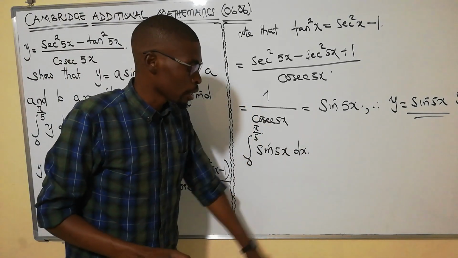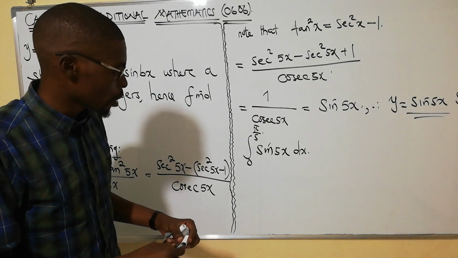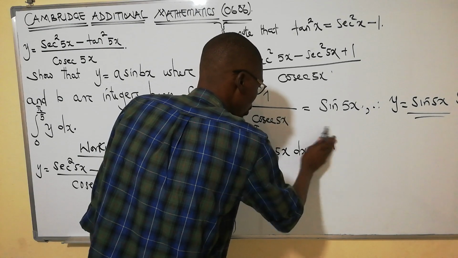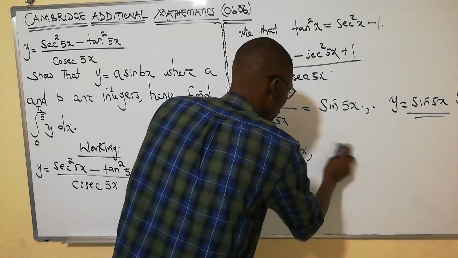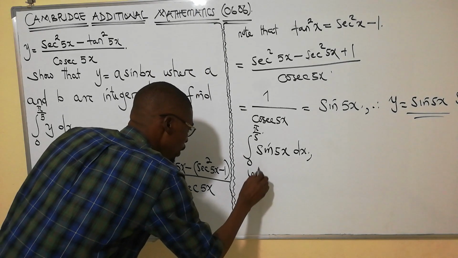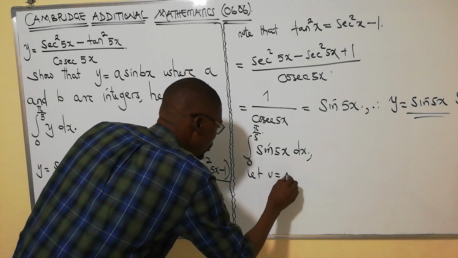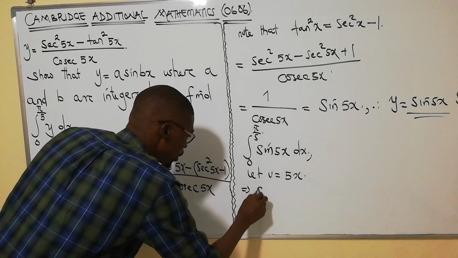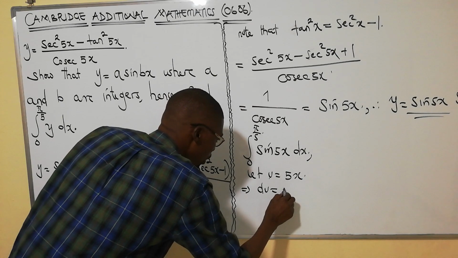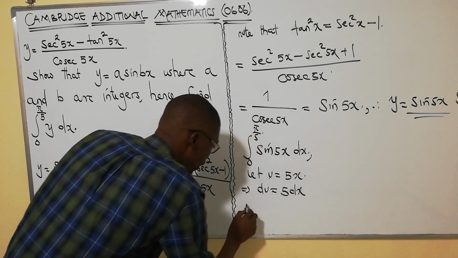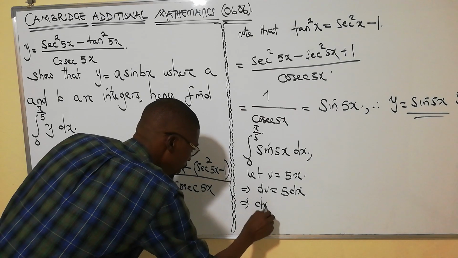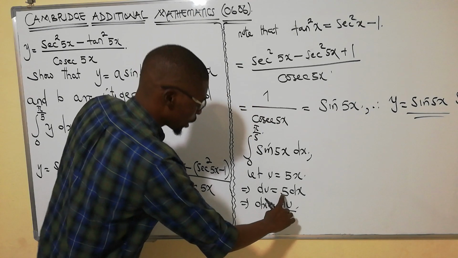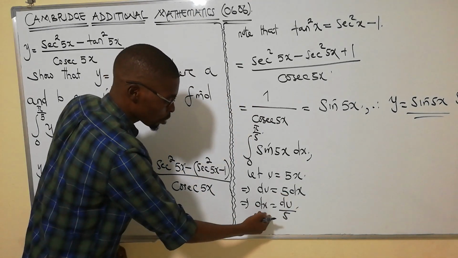This can be evaluated using u substitution, where we let u be equal to 5x. It implies that du, when you differentiate u, is 5 dx. This implies that dx is equal to du over 5.